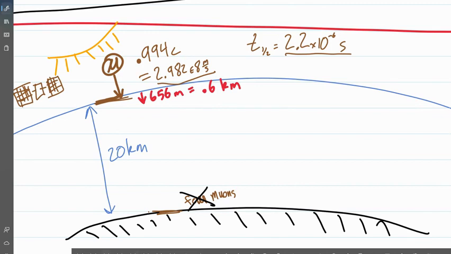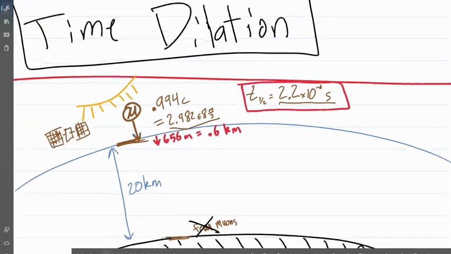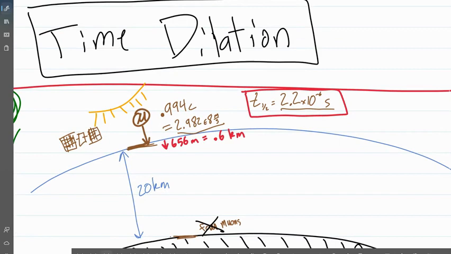Well, remember, our half-life here is in terms of regular time, where it's not moving at a relativistic speed. What happens is time dilation. The muon is traveling quickly, so it experiences time differently. It experiences less time in our half-life.